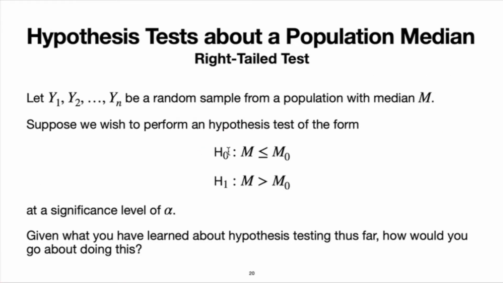These are the hypotheses that we're testing. If the null hypothesis is true, and in particular if the boundary condition of the null hypothesis is true, what does that mean? The boundary condition is that cap M is equal to cap M sub 0.